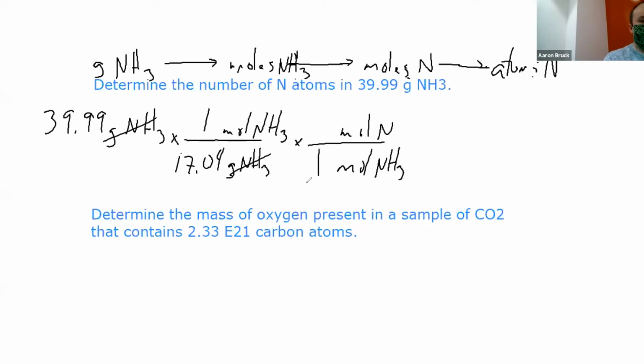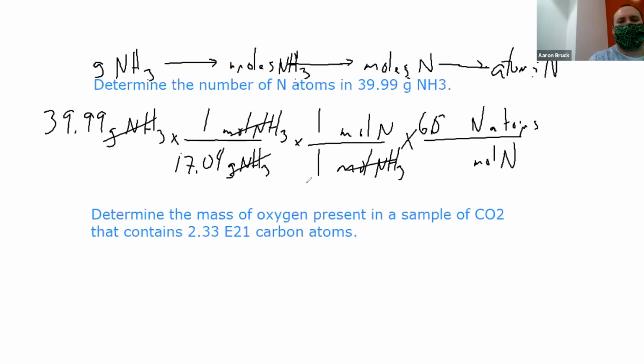Every ammonia molecule has one nitrogen in it. Last step, I need to turn the moles of nitrogen into nitrogen atoms. Avogadro's number of nitrogen atoms in every mole. My moles cancel.